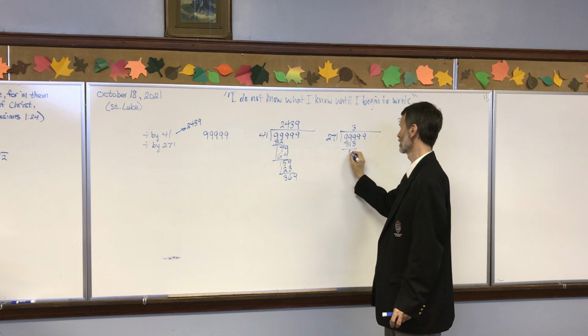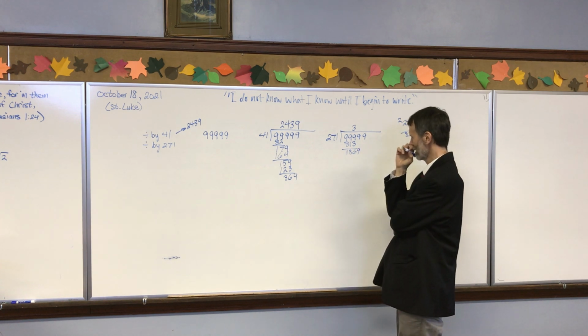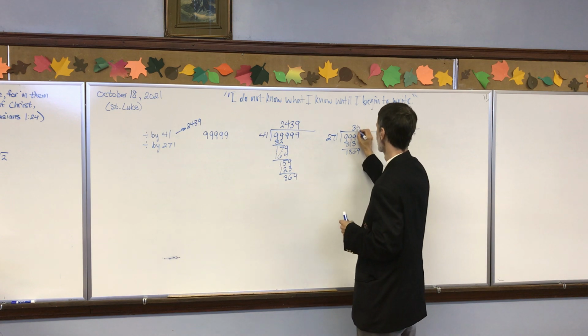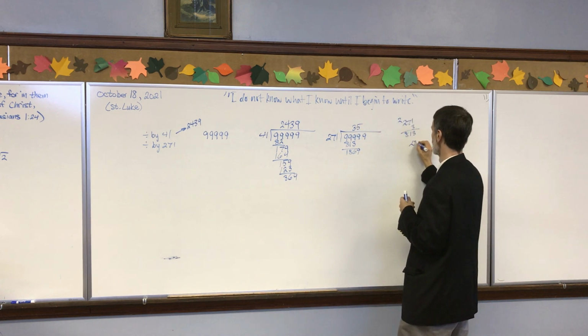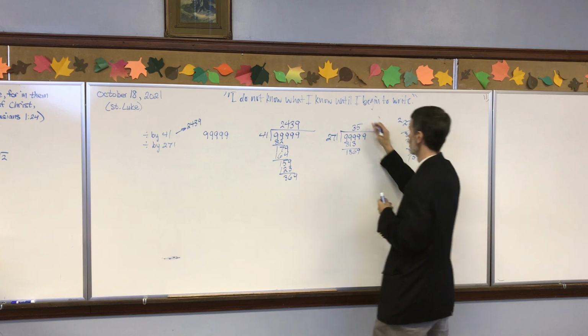This is 6, 8, 1. 1869. I think it might go in 5 times. And that's a total guess. I have absolutely no idea. 5, 3, 1355. Oh, it can go more than that.